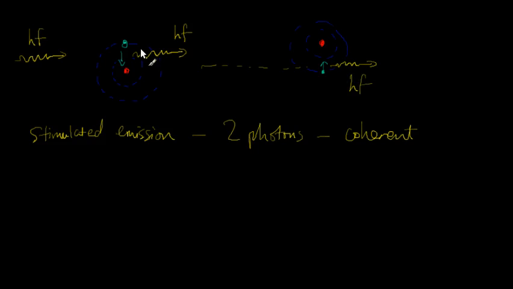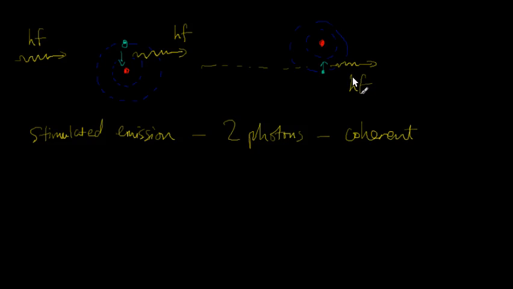Okay. So if there are lots and lots of these atoms in the excited state, meaning with the electrons at higher orbits, then one external photon stimulates one photon, and then we have two. Then if each of the new photons stimulates another photon, then we have more.